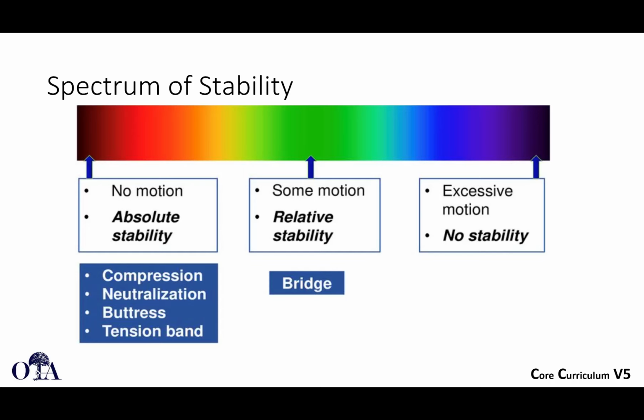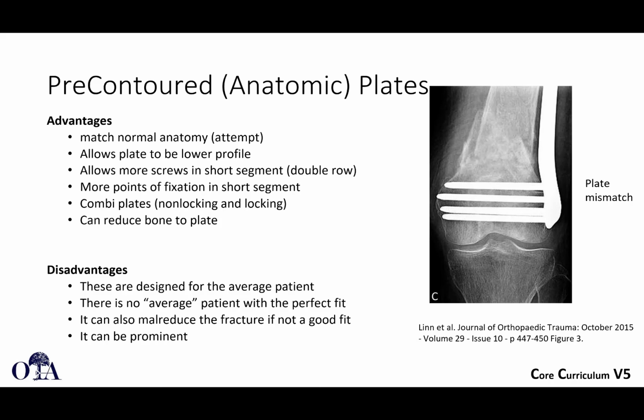If you have relative stability, that could be a bridge plate, an intramedullary nail, an appropriately applied casting technique, or external fixation. And those are some examples on the left of absolute stability: compression plating, lag screw fixation with a neutralization plate, buttress plate fixation. We saw an example with lag screws. Tension band we haven't talked about too much, but that's also anatomic reduction and compression.